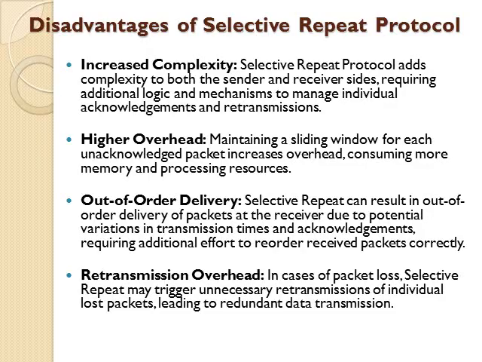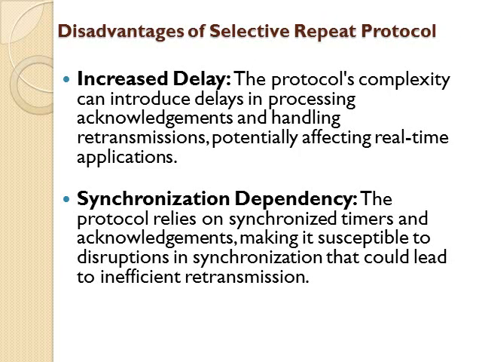Out of order delivery: selective repeat can result in out of order delivery of packets at the receiver due to potential variation in transmission times and acknowledgement. Retransmission overhead: in case of packet loss, selective repeat may trigger unnecessary retransmission of individual lost packets, leading to redundant data transmission. Increased delay: protocol complexity can introduce delays in processing acknowledgement and handling retransmission, potentially affecting real-time applications.